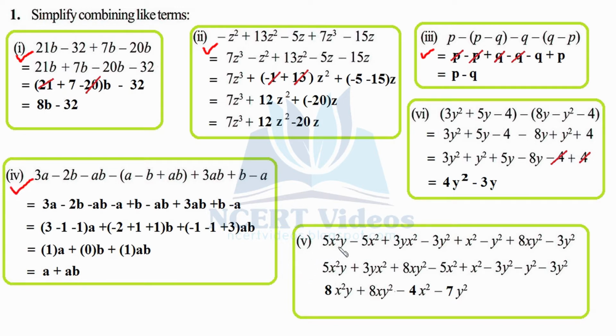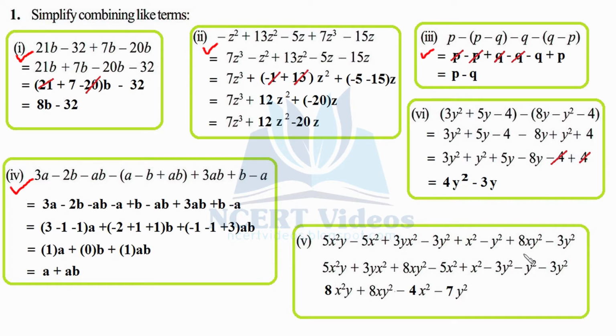Fifth: 5x squared y minus 5x y squared plus 3yx squared minus 3y squared plus x squared minus y squared plus 8xy squared minus 3y squared. First of all, arranging them, we see x squared y. We will take highest degree. So this as it is, search for x squared y. Here we have, pattern doesn't matter, we have x squared y, these are like terms, therefore writing it here.